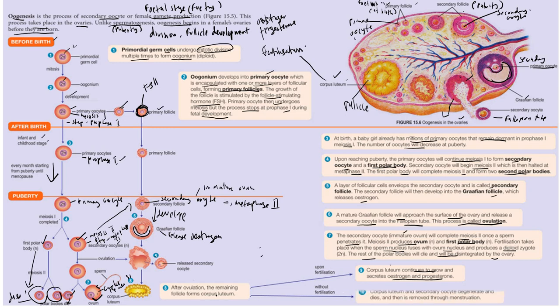But without fertilization, the corpus luteum and secondary oocyte degenerate and die, and then are removed through menstruation. So without fertilization, this corpus luteum plus secondary oocyte will be removed through menstruation.